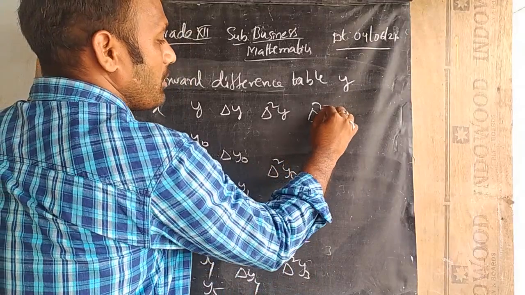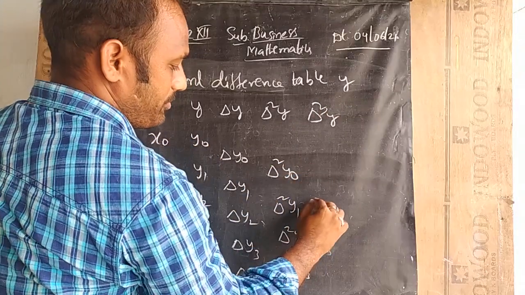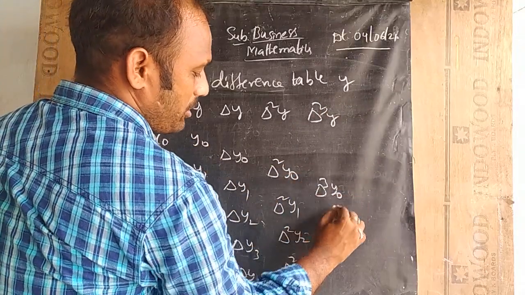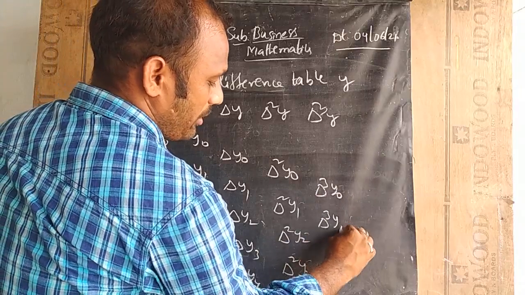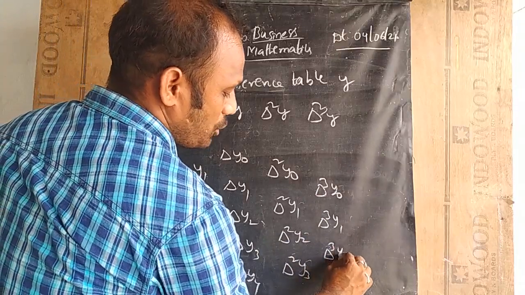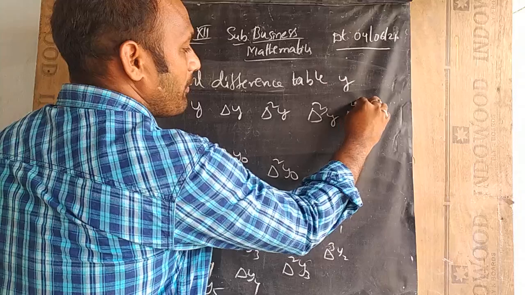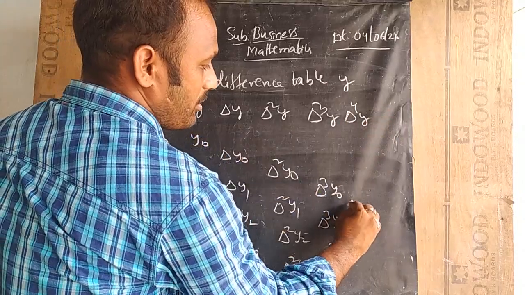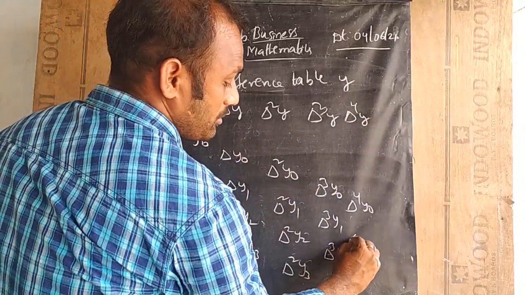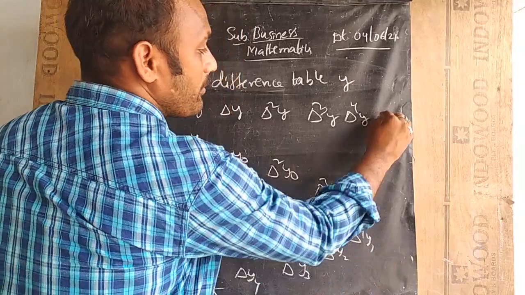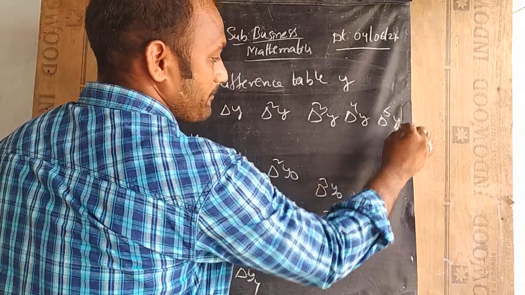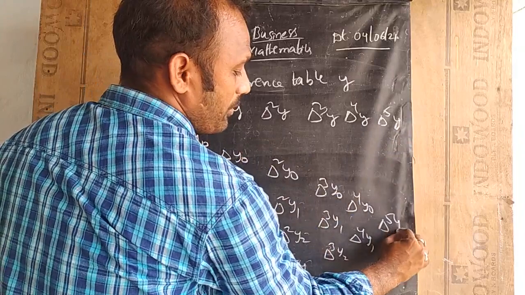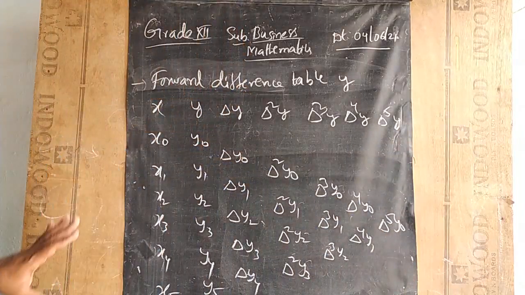Next, delta cube y: delta cube y naught, delta cube y1, delta cube y2, delta power 4 y naught, delta power 4 y1. Next, delta power 5 y, that is delta power 5 y naught. So this is the way of the forward difference table of y.